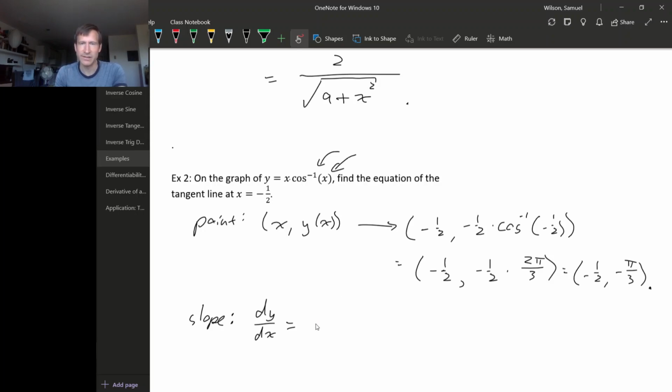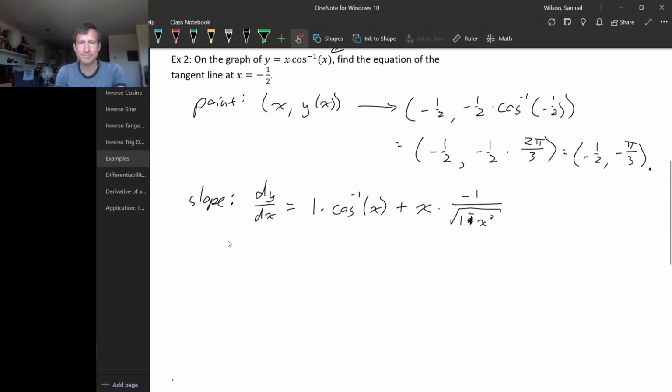The derivative of the first part, x, is 1 times the second part with no derivative, so 1 times inverse cosine of x, plus the first part with no derivative, x, times the derivative of the second part. And the derivative of inverse cosine is minus 1 over the square root of 1 minus x squared.